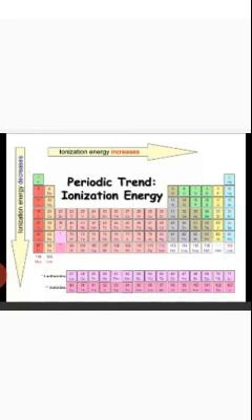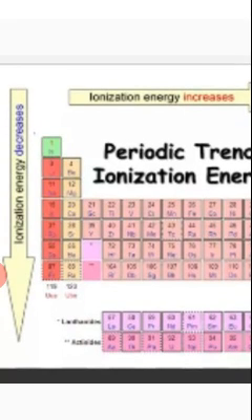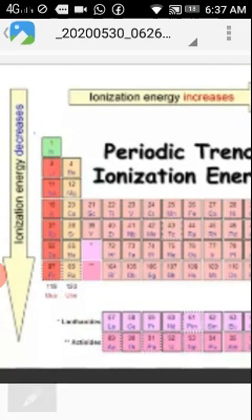This is the trend in the periodic table. Down the group, as we know, the size of an atom increases. So loss of an electron becomes easy. So down the group, ionization energy decreases.